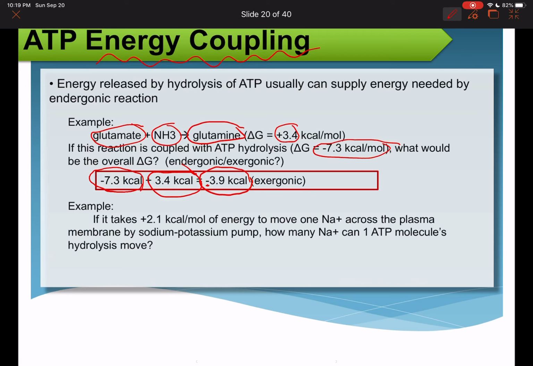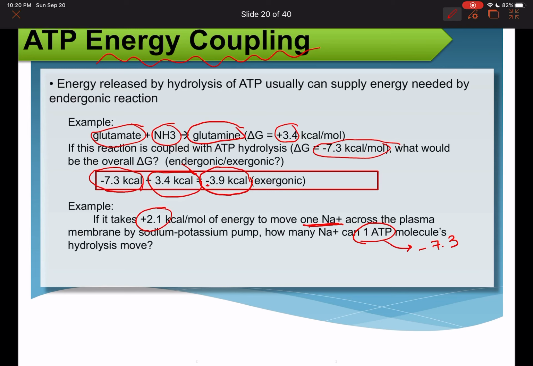So you can think of it this way again. This particular movement of a sodium ion across, if you want to buy one sodium ion, it costs about $2.10, which is basically what the problem is saying. Now, in your wallet, again, you only have one ATP molecule, which means in your pocket you have 7.3 kilocal per mole, or $7.30 in your wallet.